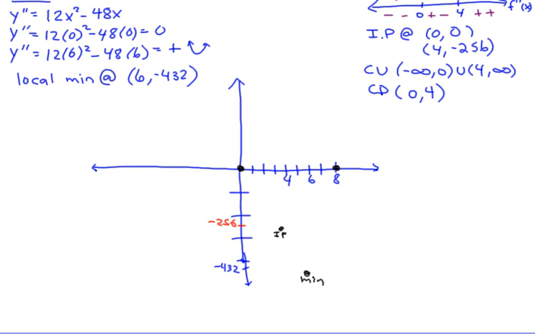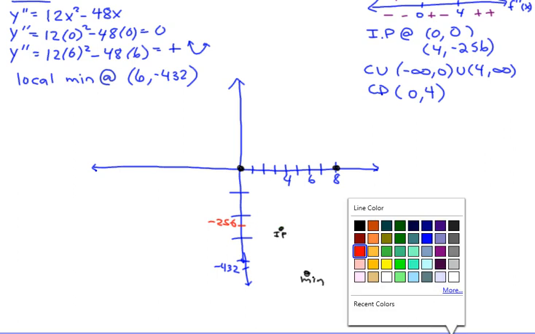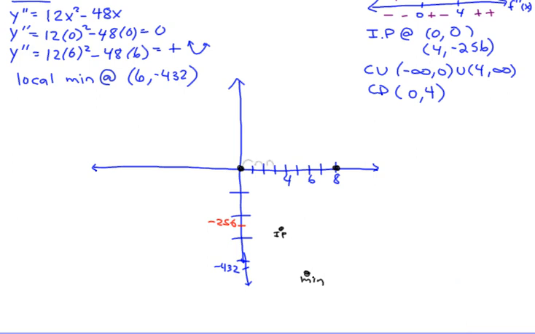So one thing you can do is use a gray pencil. So we know we're concave down from 0 to 4, and we're concave up over here and over here, and so forth. Okay, just to give me an idea.